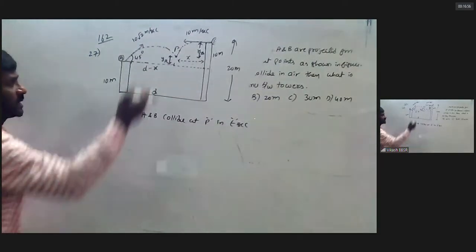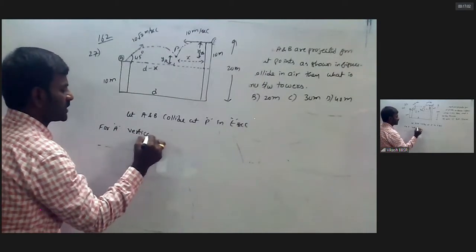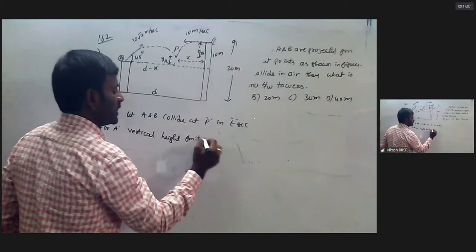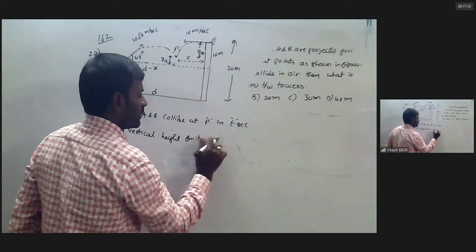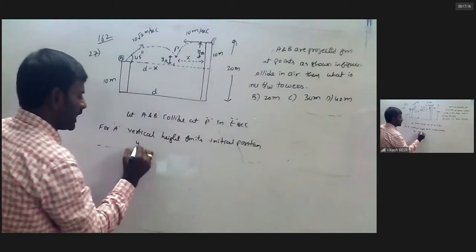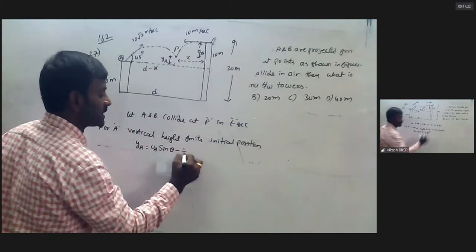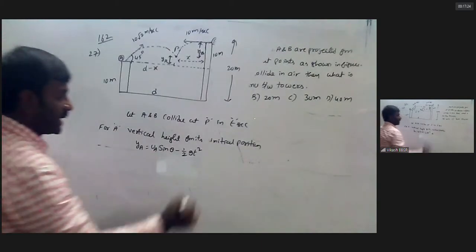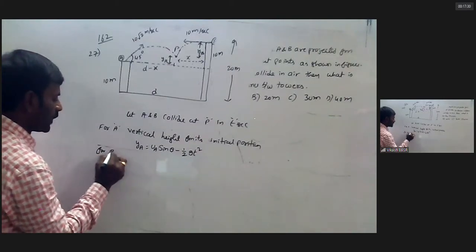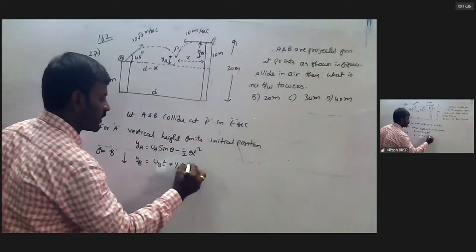I give you here. So for A, the vertical height from its initial position is how much? yA equals uA sin theta times t minus half g t squared. And for B, which is vertically downward, yB equals uB into t plus half a t squared.